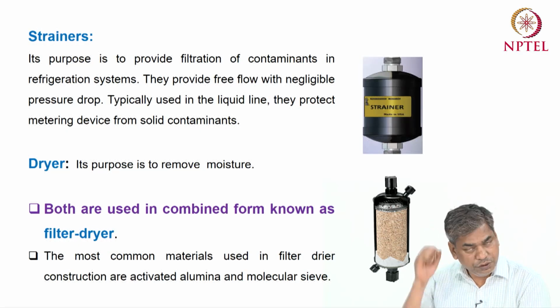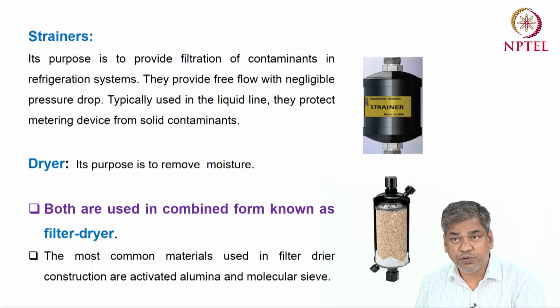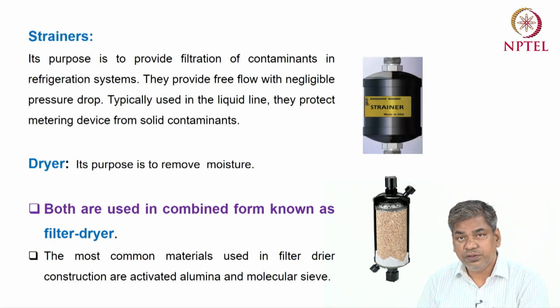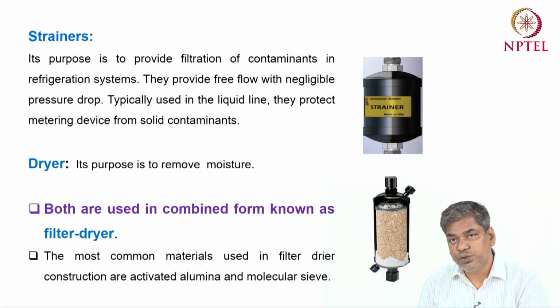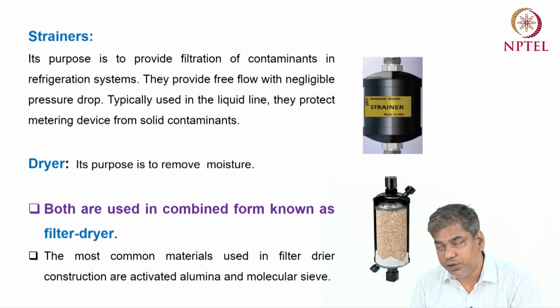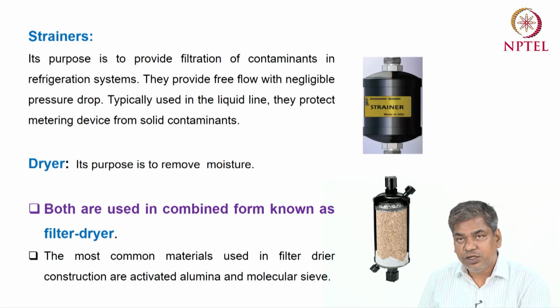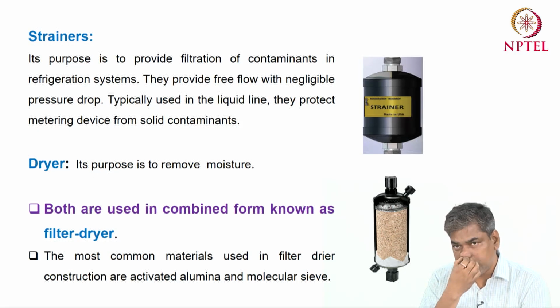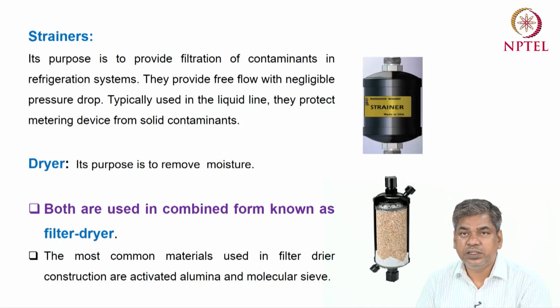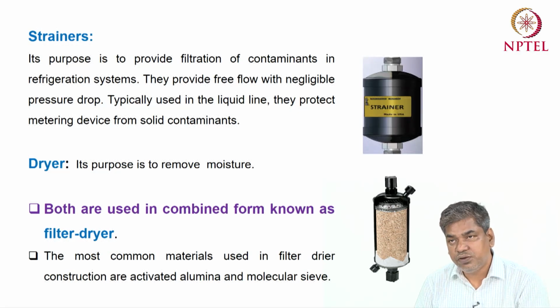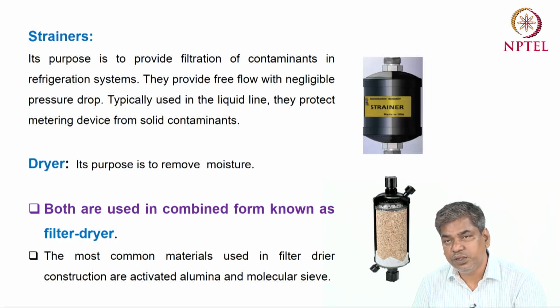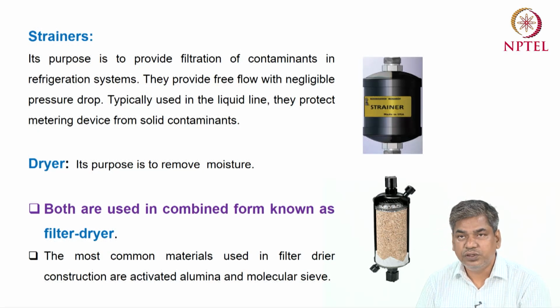Another device that is also very essential, and is used to remove moisture, is called the dryer. The dryer is used to remove or absorb the moisture from the refrigerant. When the refrigerant flows to this dryer, we use some material inside it which can absorb the moisture. So the outlet condition is pure, moisture-free refrigerant.